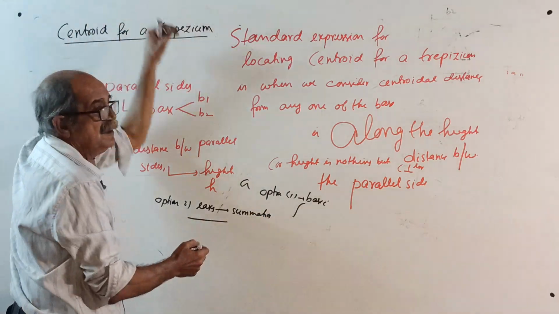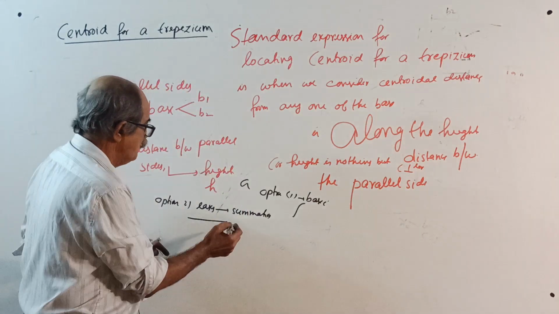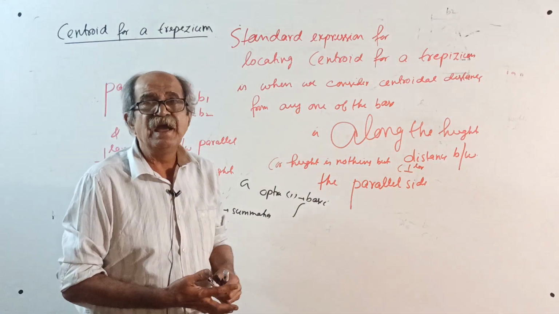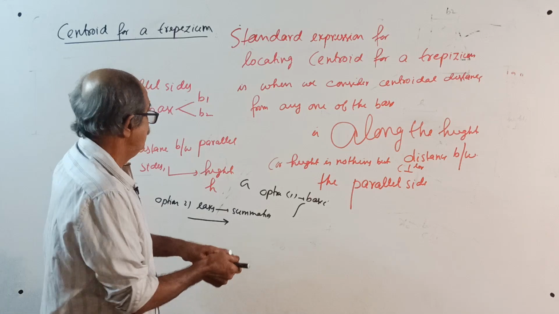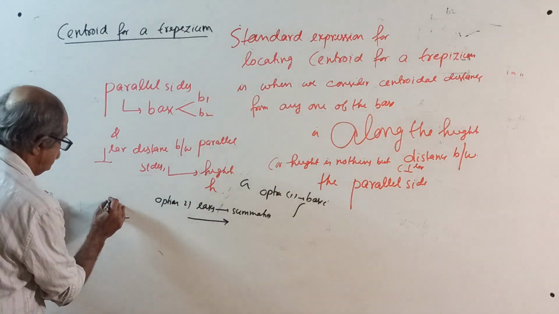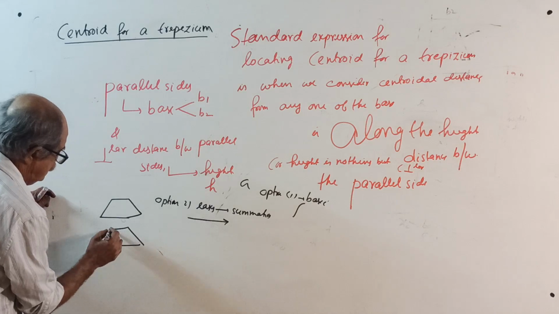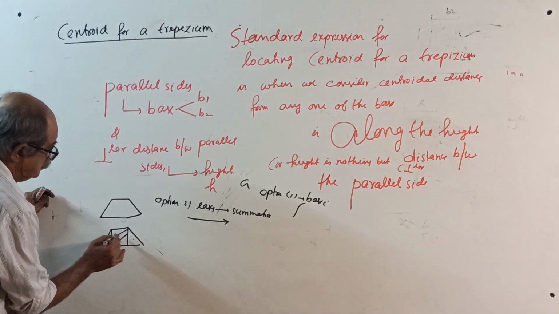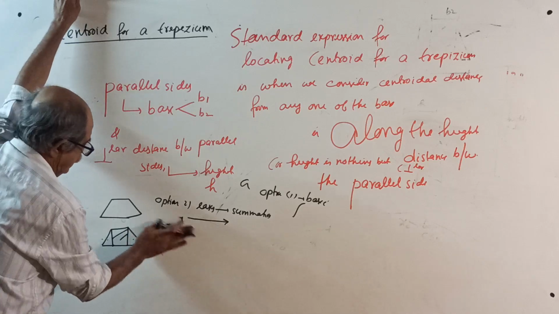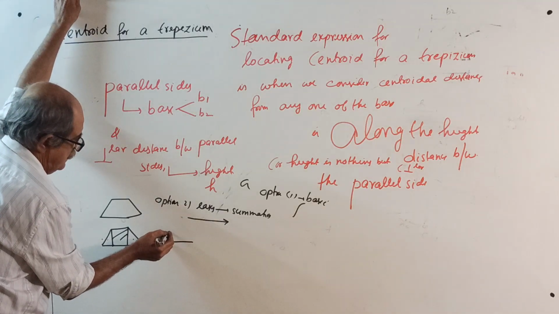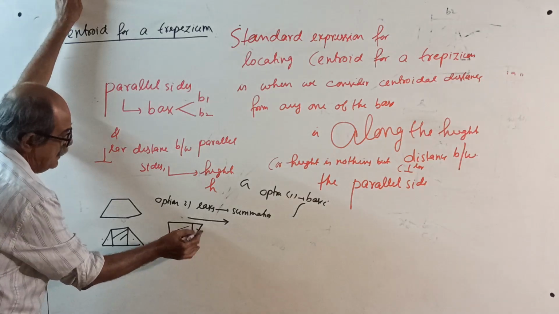Where we will divide the trapezium into a rectangle and either one or two right angle triangles. It depends. If it is this way, we will divide into a rectangle and two right angle triangles, whereas if it is this way, with parallel sides here, we will divide into a rectangle and one right angle triangle.